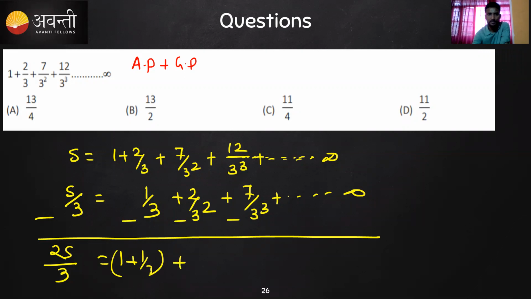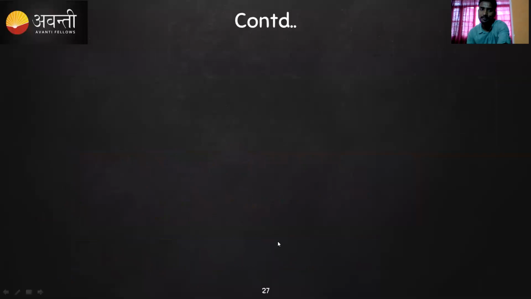From here it will be 7 minus 2, it will be 5 by 3 square, and again plus 5 by 3 cube, and just like that. So we have 2S divided by 3 is equal to 1 plus 1 by 3, and then plus 5 by 3 square plus 5 by 3 cube, just like that.